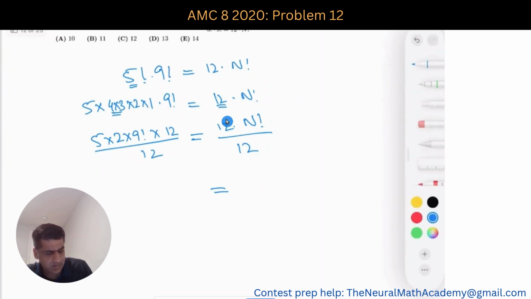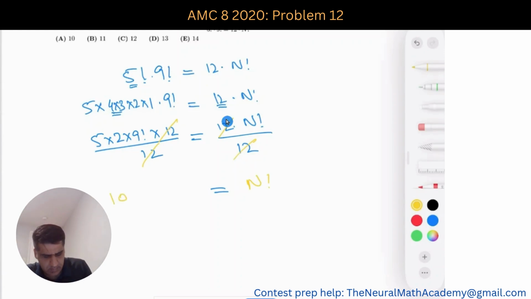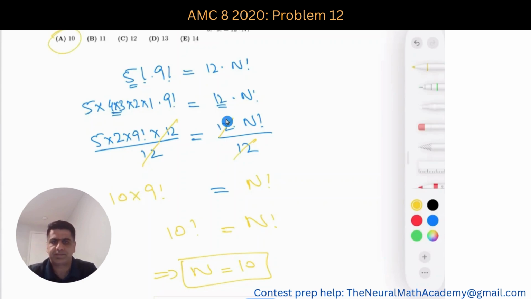And now if I see, it cancels out, and n factorial is equal to 10 multiplied by 9 factorial, and that is equal to 10 factorial. So which gives us that n is equal to 10. From here the answer is A for this problem.